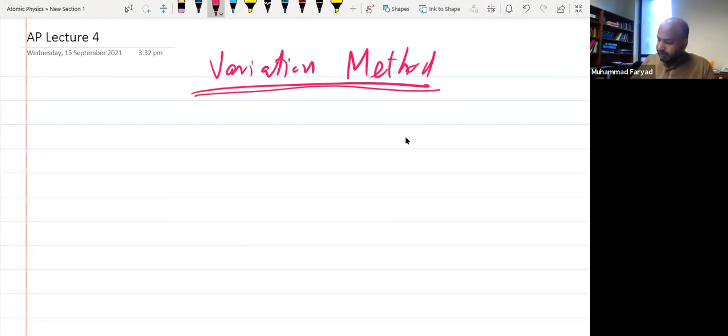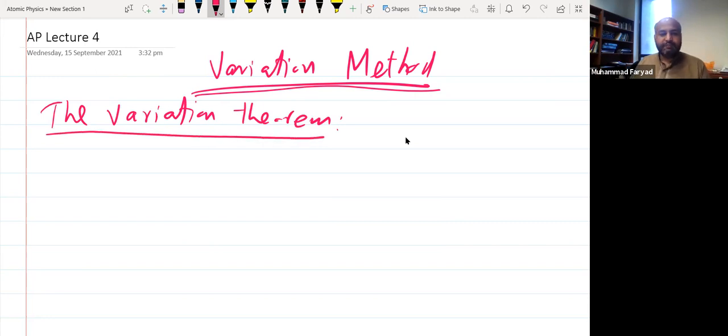So let me start by working out what is called the variation theorem, because this is of fundamental importance and sets the stage for us to solve these problems.